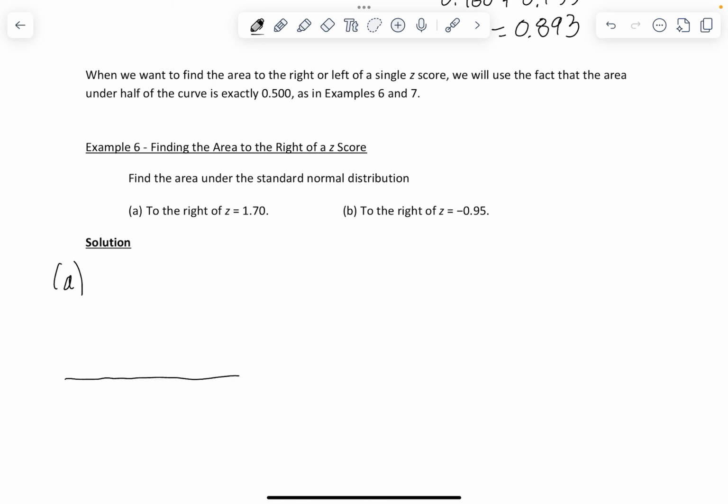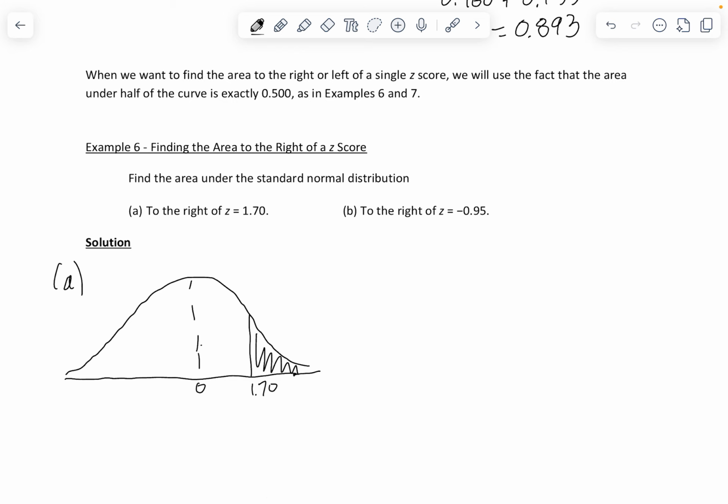A, we're centered over 0. My z-score is 1.70. That shaded area is what I want to know. What the table can give me is this area bounded by the two arrows there.